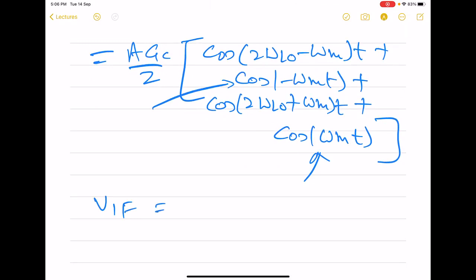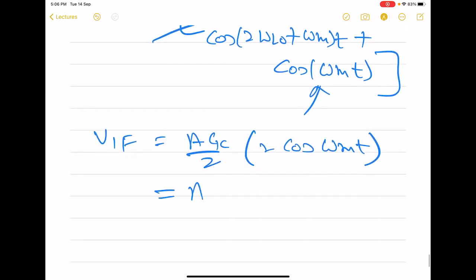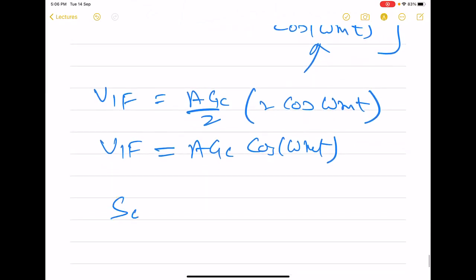So VIF is going to be AGC by 2 into 2 cos omega m t. So this is AGC cos omega m t, the VIF. So we can now find out what will be the output power.